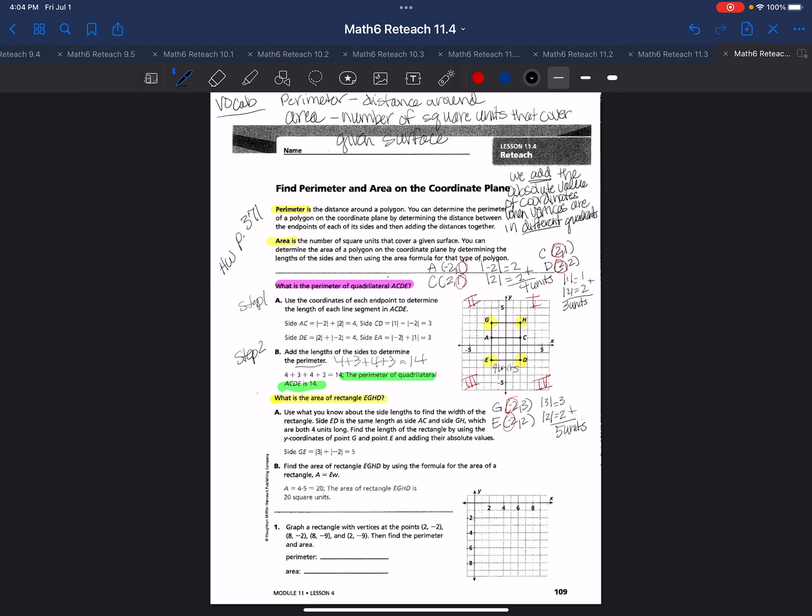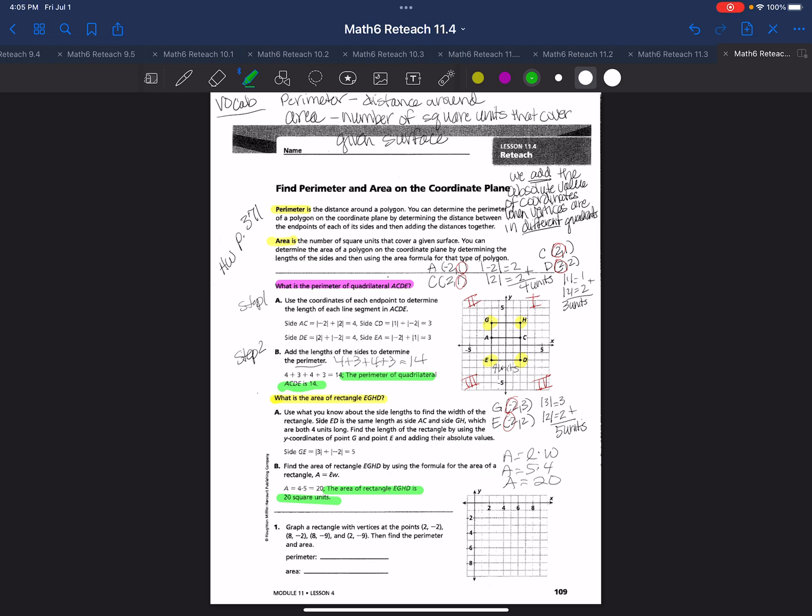So then we just need to say area is length times width, 5 times 4. So area is 20 square units of rectangle E, G, H, and D.